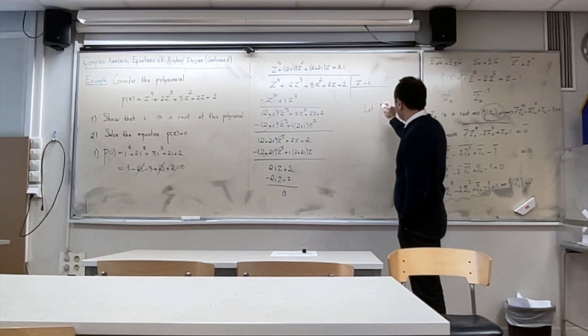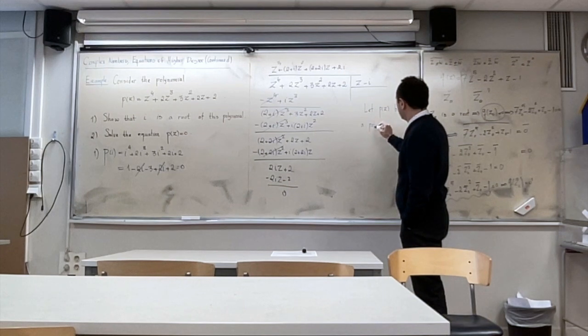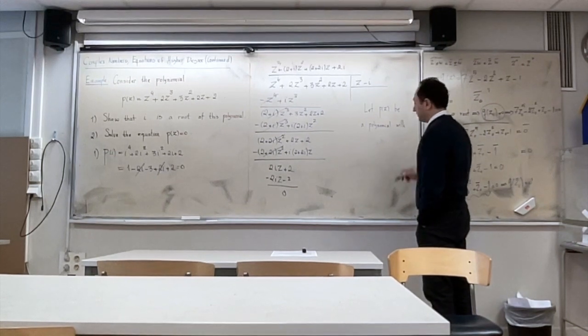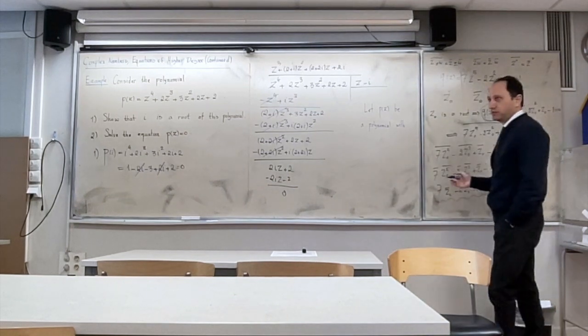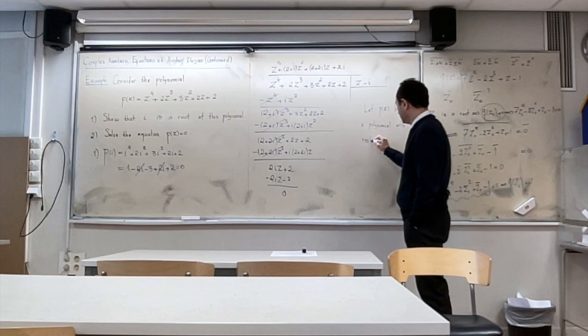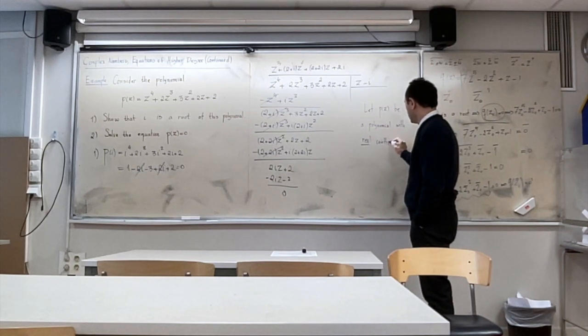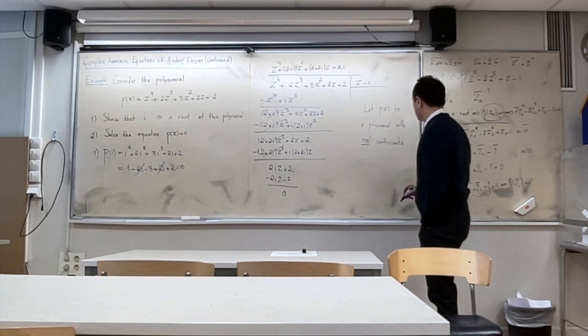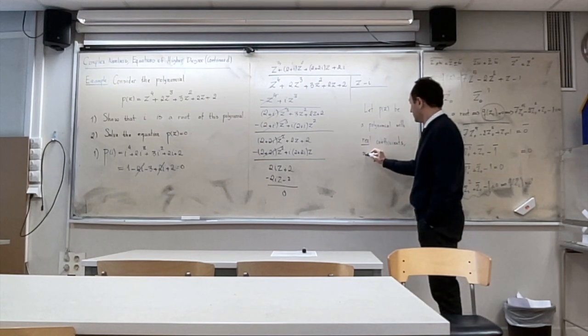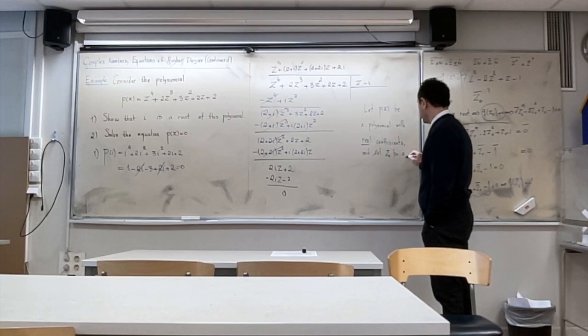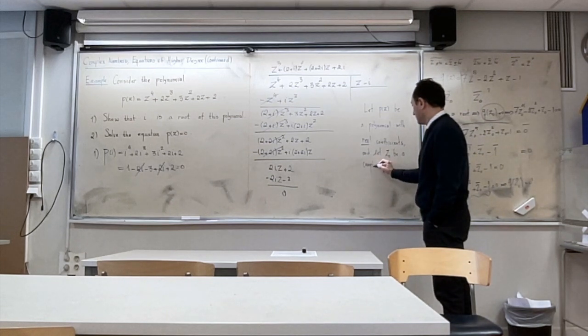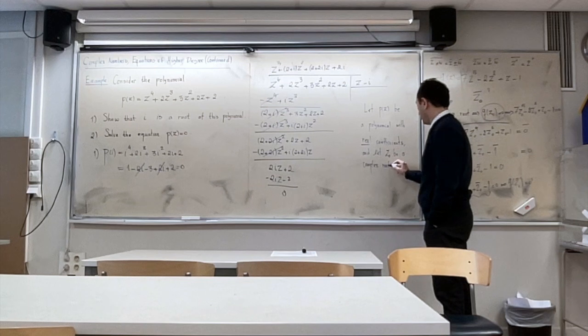Let P of z be a polynomial with real coefficients, and let z naught be a complex root of P of z.